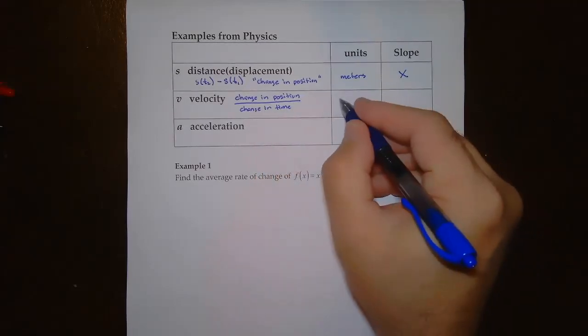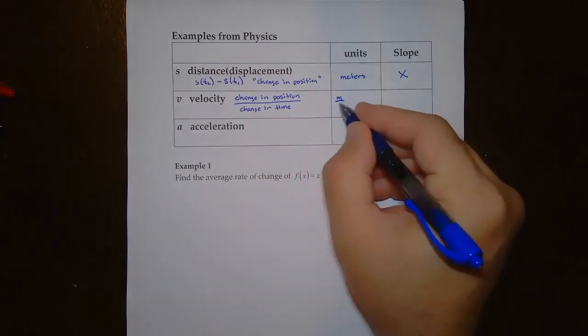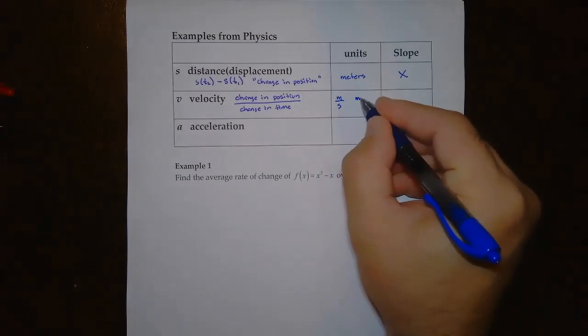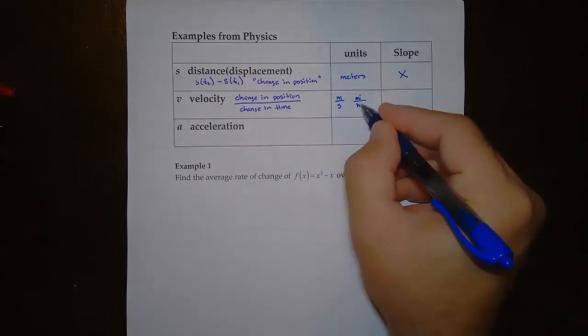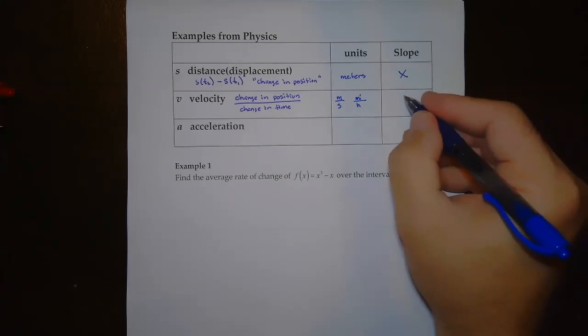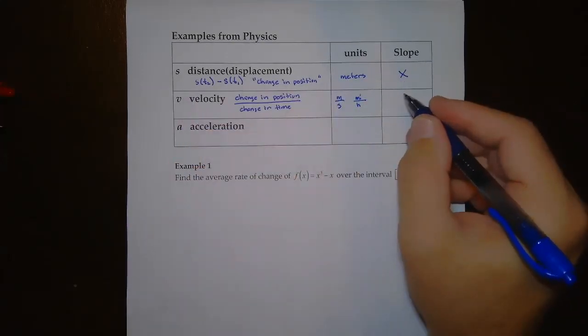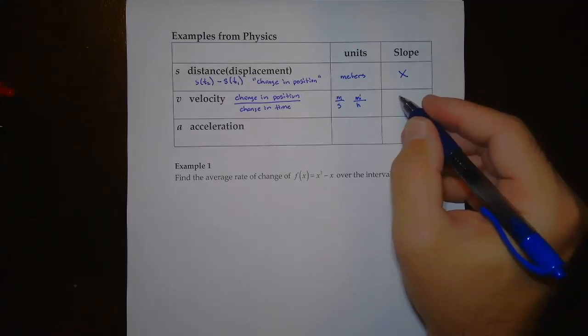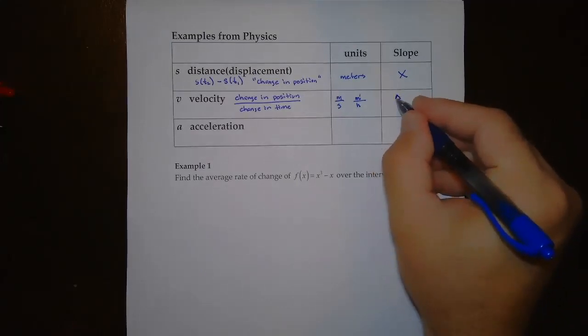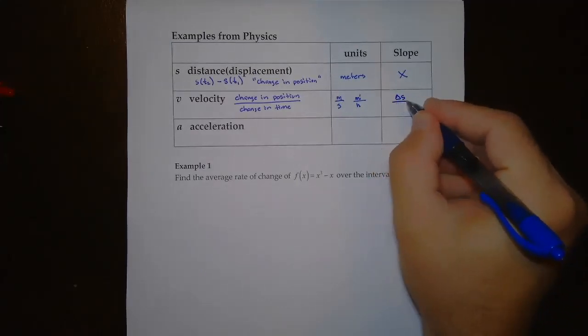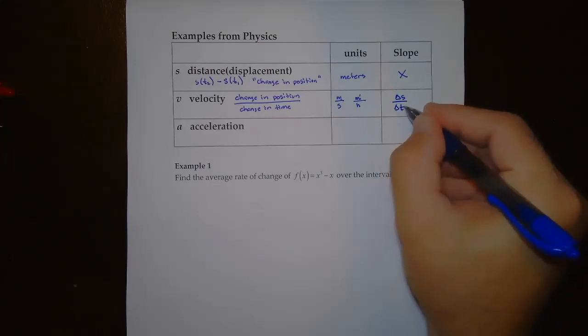So we'd have some units like meters per second. We could also have miles per hour, okay? And since this is S, the slope for this, if we looked at the velocity function, would be the delta S over delta T.